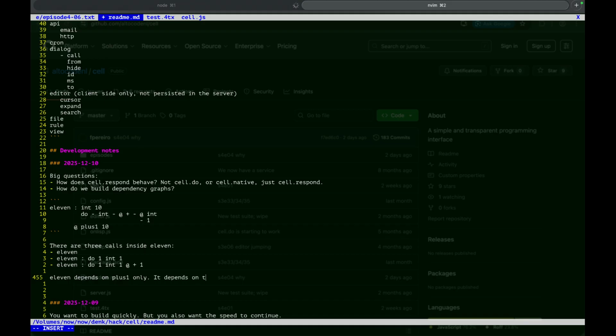It depends on the thing, on the first thing to the step to the right of the add.